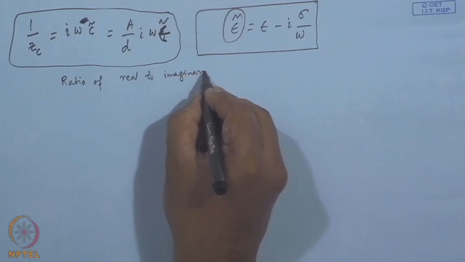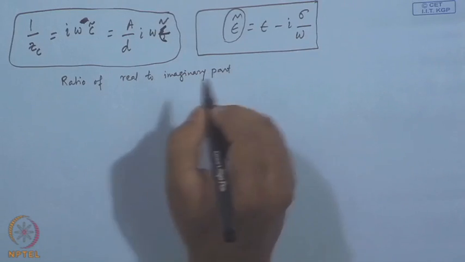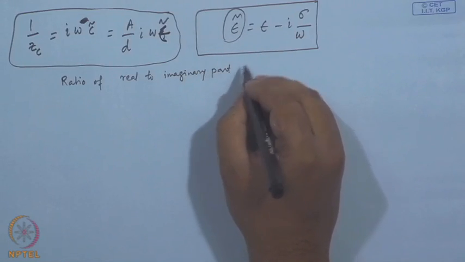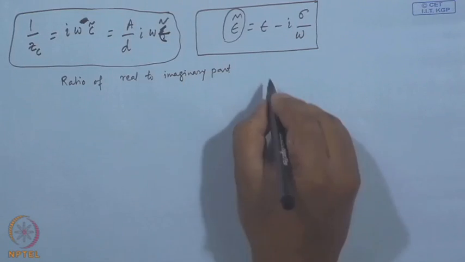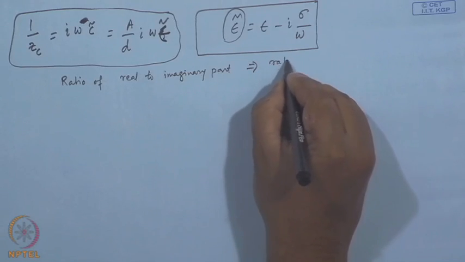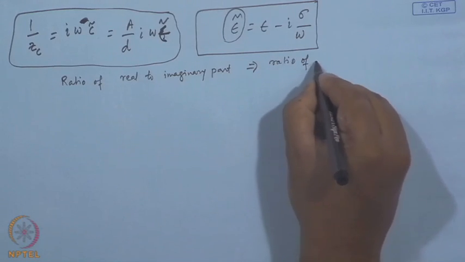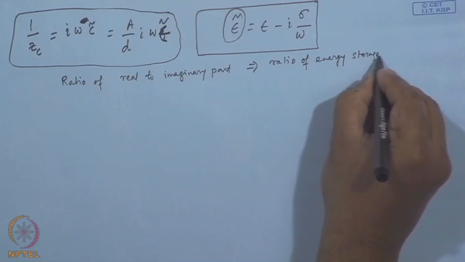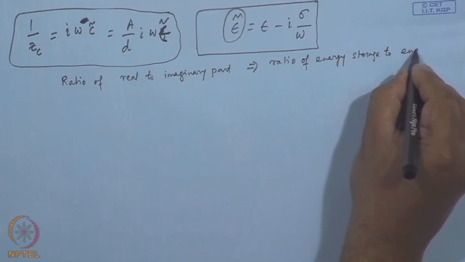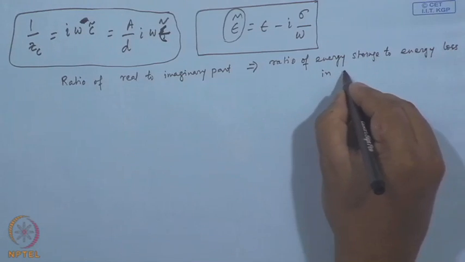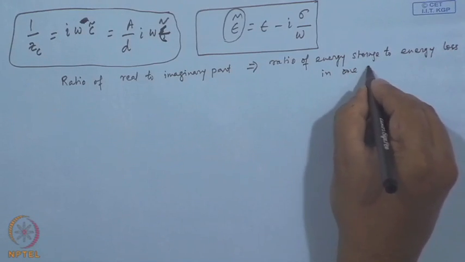Now, if one wants to write the ratio of real to imaginary part of this complex permittivity, that gives the idea of the ratio of energy storage to energy loss in one AC cycle.